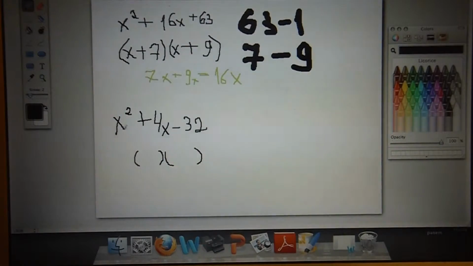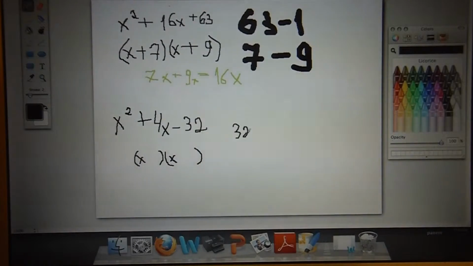So x squared plus 4x minus 32. Now it's again just x, so just put the x in there. Now, what multiples of 32, when they're added, will give you positive 4?